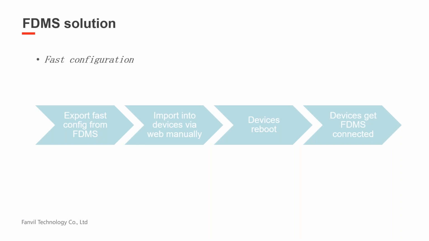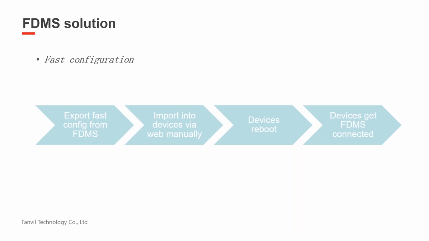So the mandatory setting is to set up our devices with the FDMS server's URL, username, and password for authentication and access. But we also provide some easier operation methods and configuration to help the devices and the FDMS connect directly.